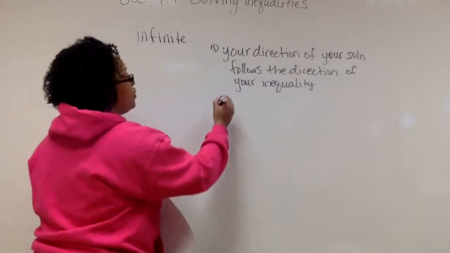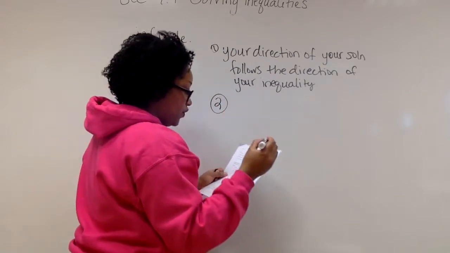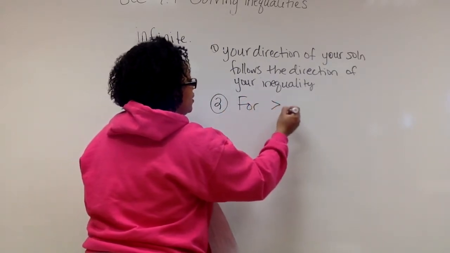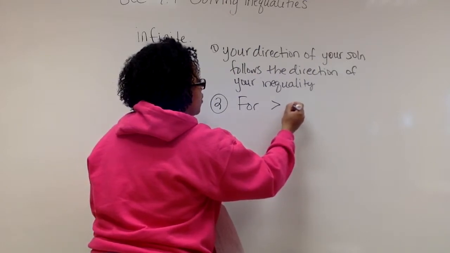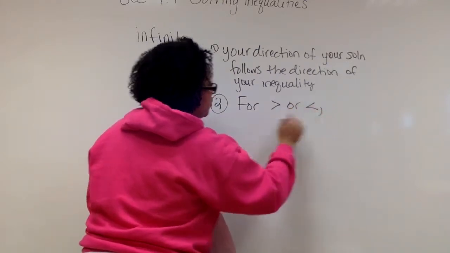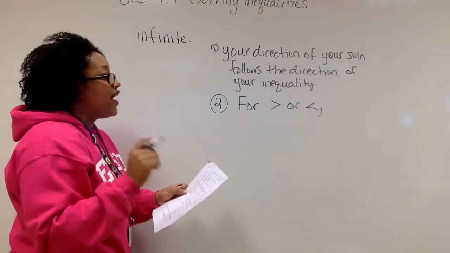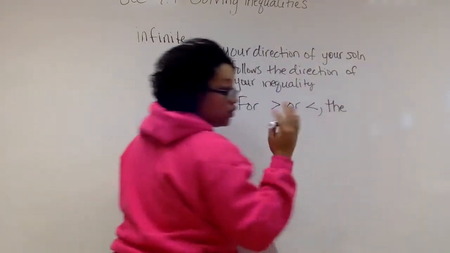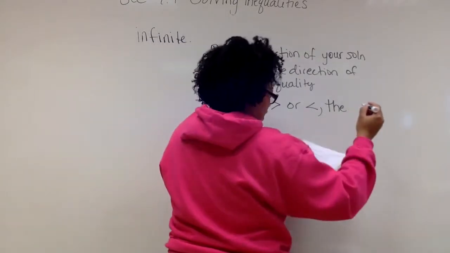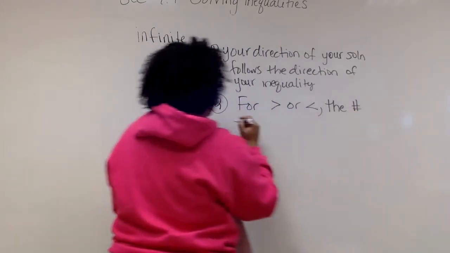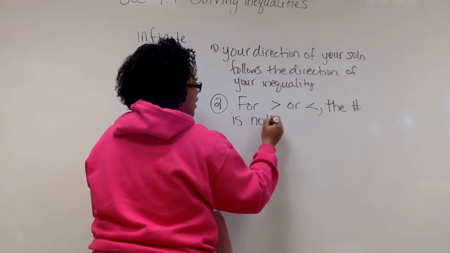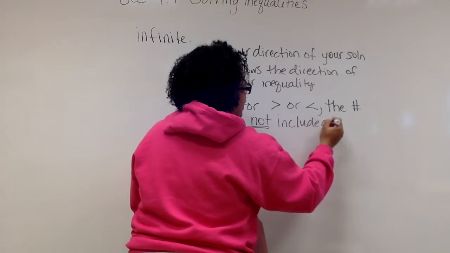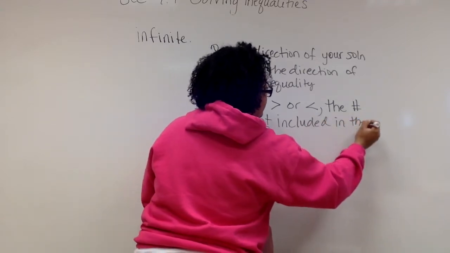The second thing is you need to know that if your inequality is greater than or less than, that means that the solution, the number, whatever you're solving for, is not, underline not, included in the solution.